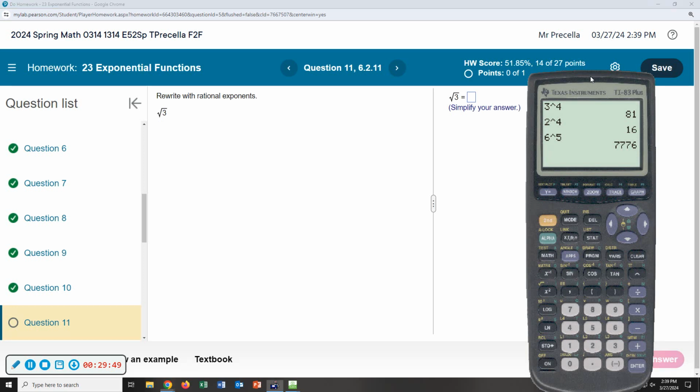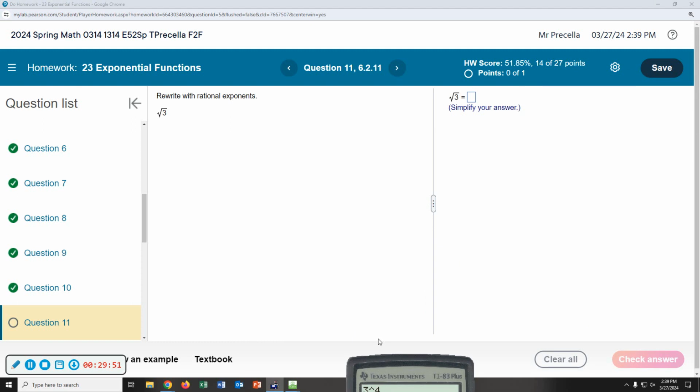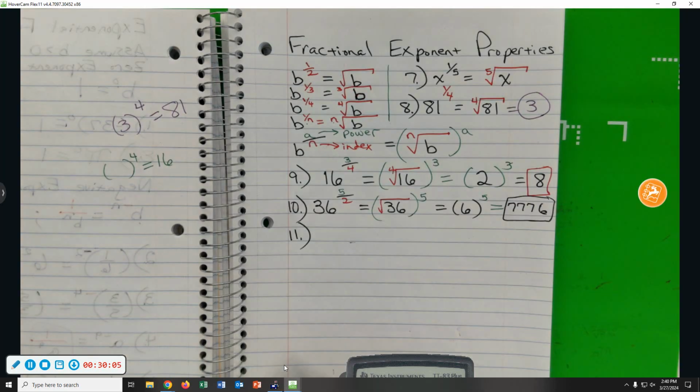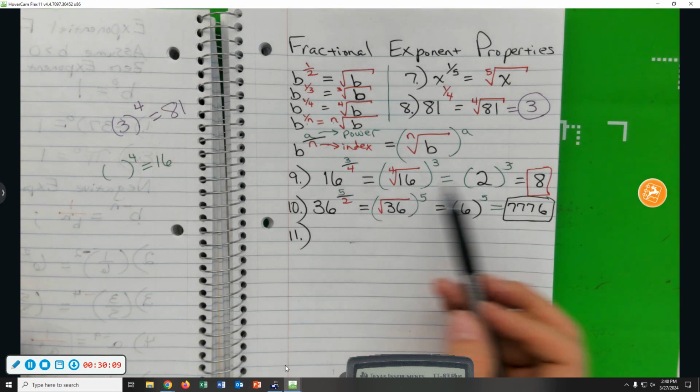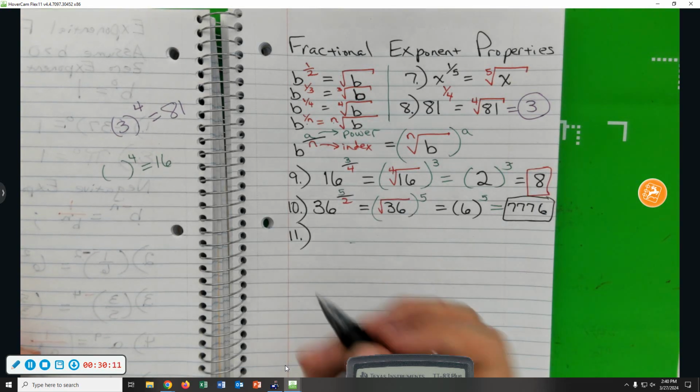Okay, number 11. Here they want us to rewrite it using rational exponents. That means using a fraction. We're going in the opposite direction. What we've been doing is taking the stuff with the fractional exponent, writing it with radicals, and reducing it if we're able to.